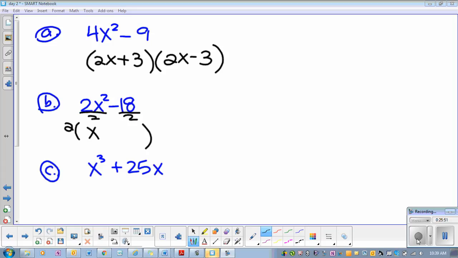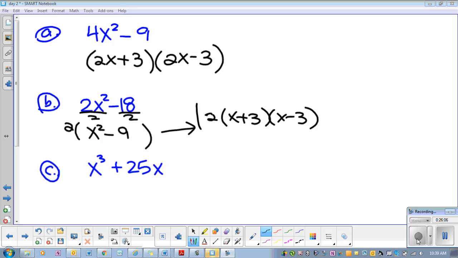So then now I have x squared minus 9, right? And x squared minus 9 is DOTS. And so we should have 2 times x plus 3 times x minus 3. Yes?